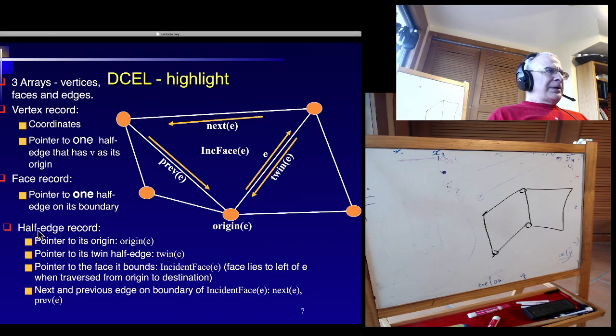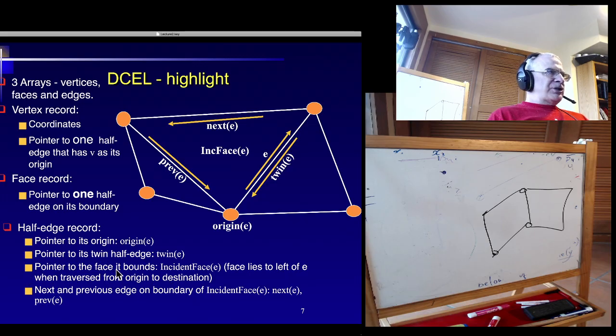And a half edge should record where it is coming from, not where it's going to: a pointer to the origin vertex, an index in the array of the vertices. A pointer to its twin half edge, so I can in constant time go to the twin half edge in the same array of the edges.